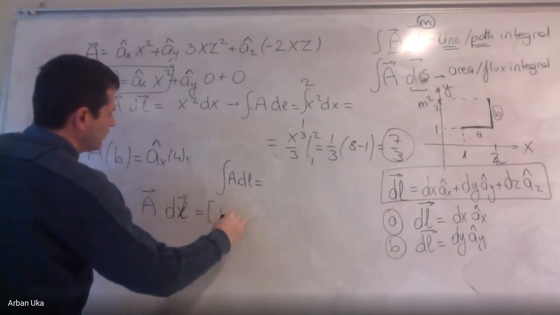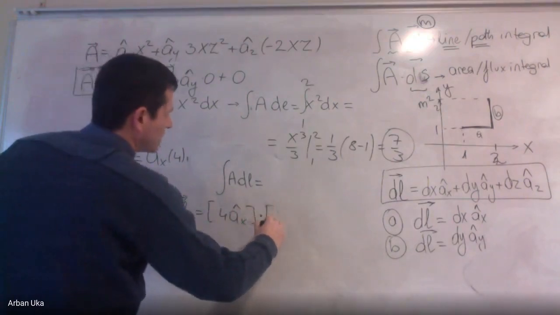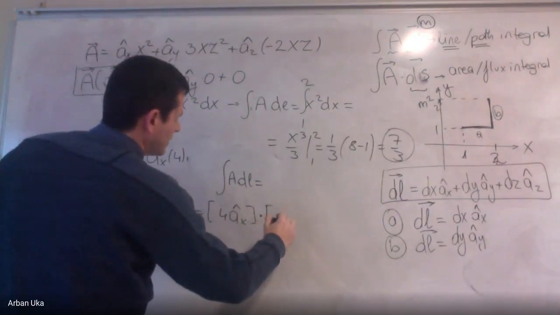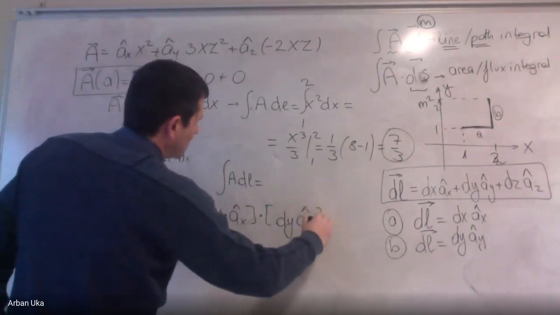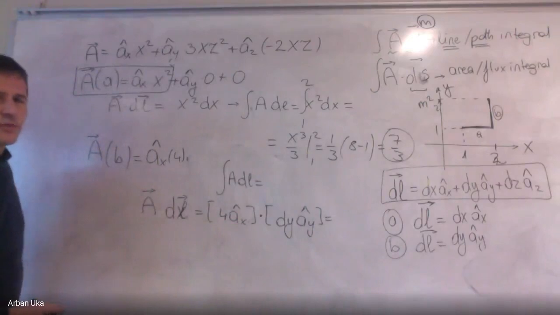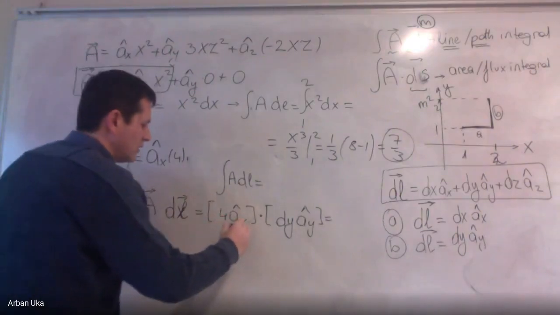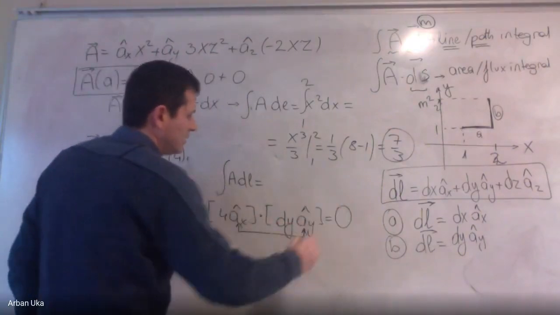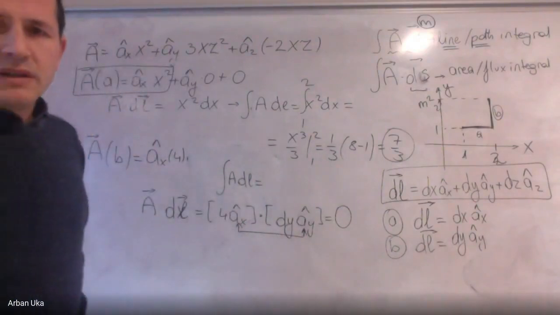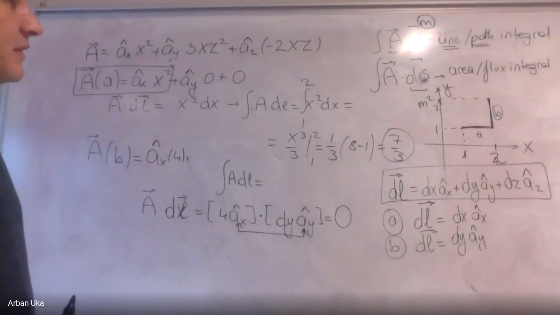A was 4ax, right? Dot product with dl, which was dy ay. What is this dot product here? We have the dot product of ax with ay, which provides for us that we get a 0, okay?